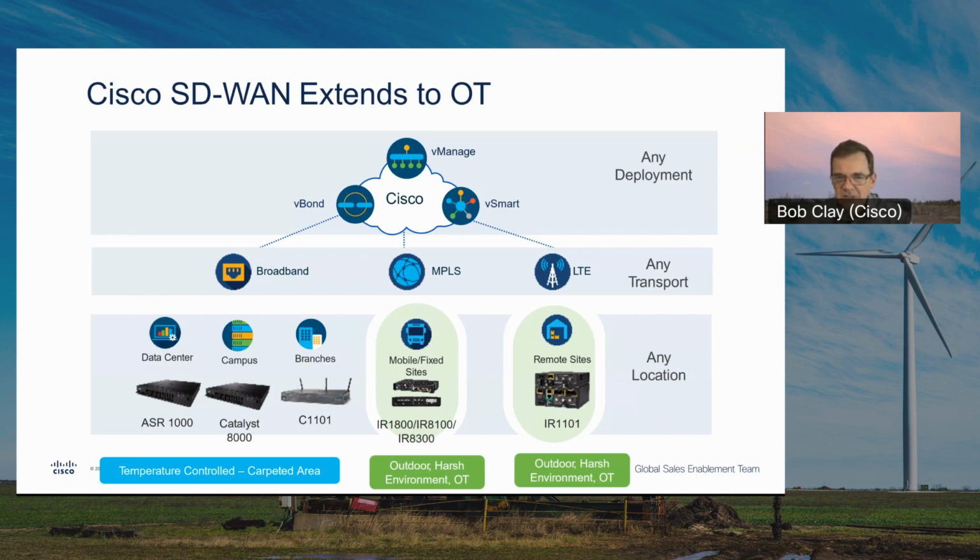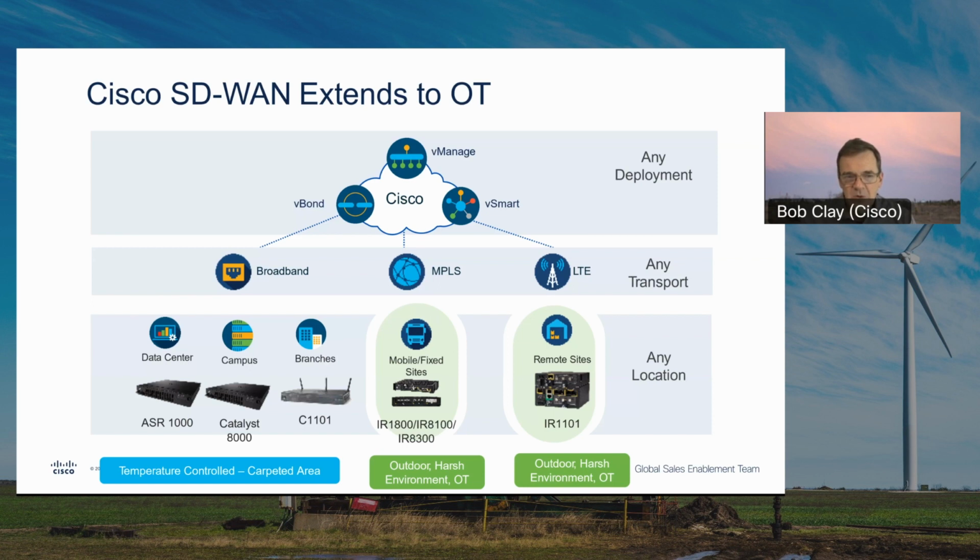When we talk about our SD-WAN, we talk about any deployment, any transport, and any location. When we say any deployment, our SD-WAN solution lets you deploy the control system either in the cloud or in the customer data center, because there are customers that are still very cloud averse, and you can definitely do that.